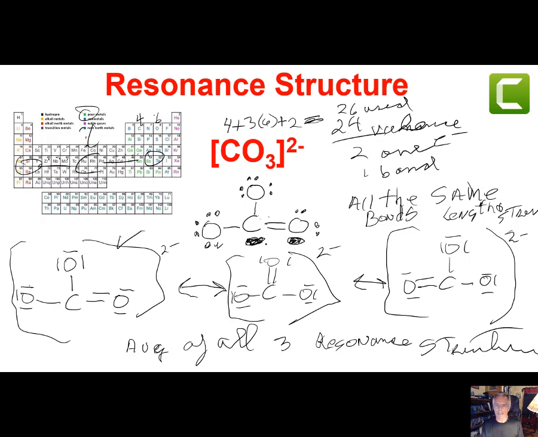So anytime you have resonance structures, all the bonds are the same. The true structure is the average of all three resonance structures. That's what you want to remember.